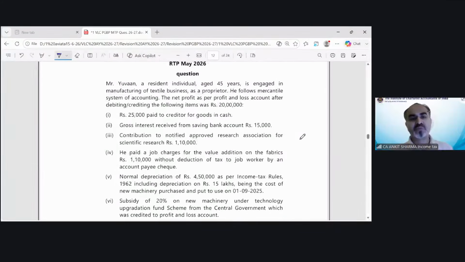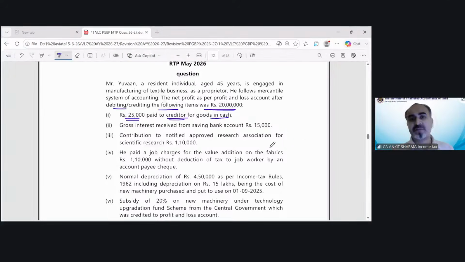He follows the mercantile system of accounting. The net profit as per profit and loss account after debiting the following items was rupees 20 lakh. Rupees 25,000 paid to a creditor for goods in cash. So one by one, we will solve all this information.